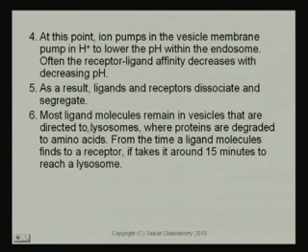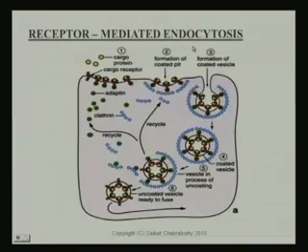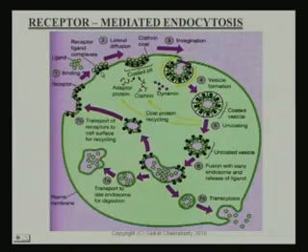If these are proteins, they would be degraded to amino acids, and from the time a ligand molecule binds to a receptor, it takes around 15 minutes to reach the lysosome. So this whole process, from here all the way to here, is around 15 minutes, and this entire process is around 20 minutes.